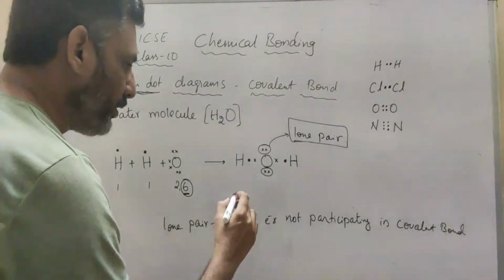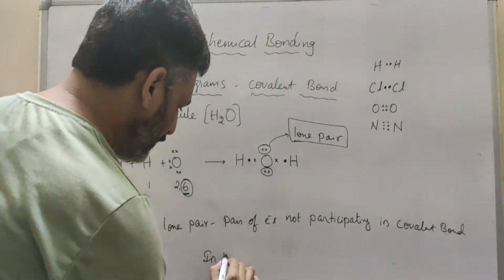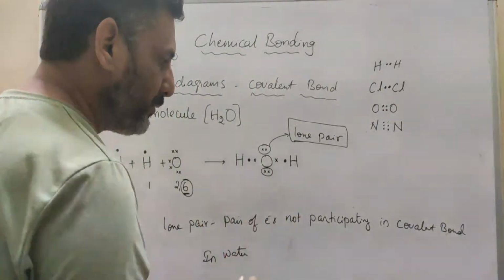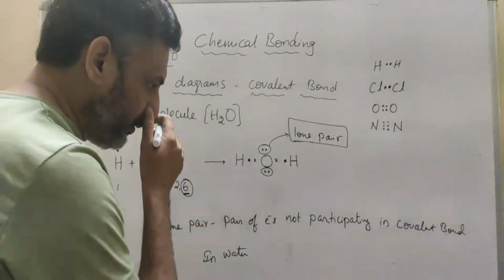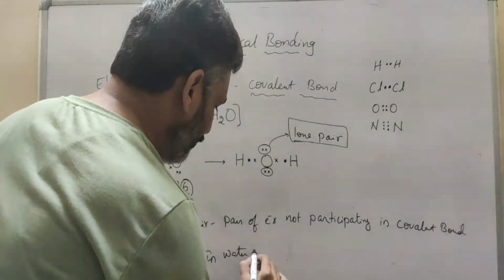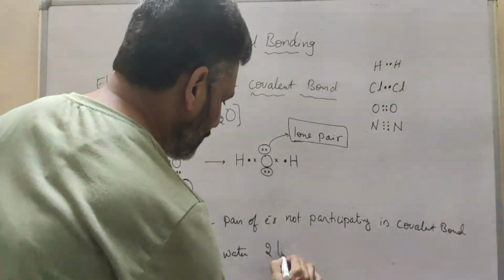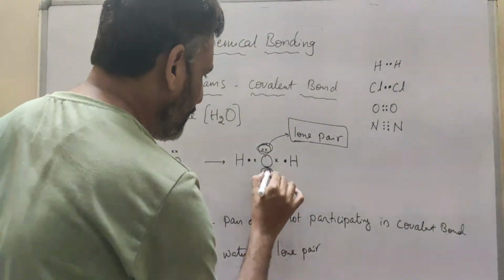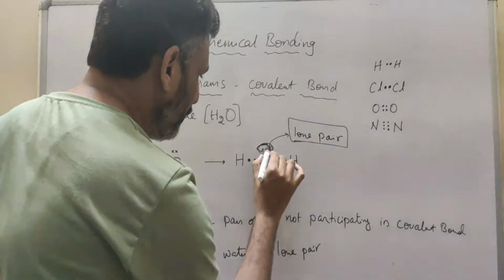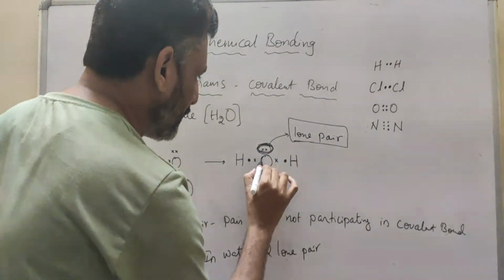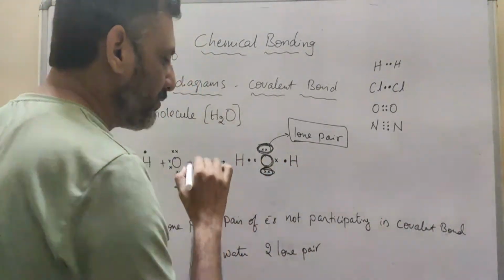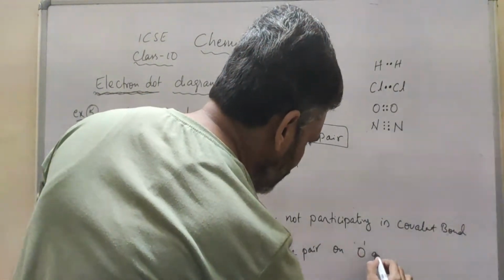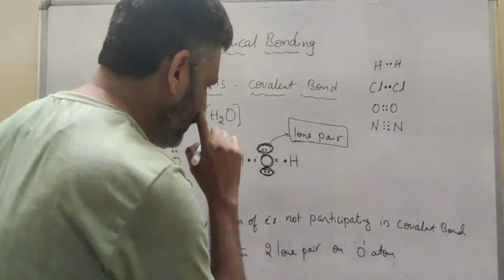So in this water molecule, a very very important question, many times it was asked in question papers and board exams: in water there will be two lone pairs. So this is one lone pair and this is another lone pair. Both the lone pairs will be on the oxygen atom, and there are two covalent bonds.